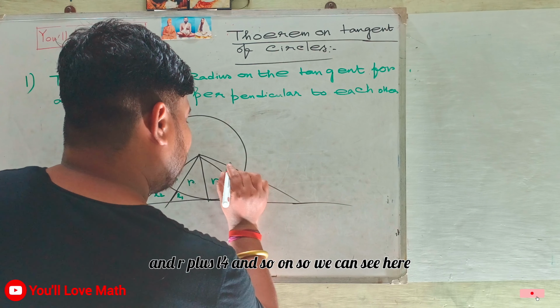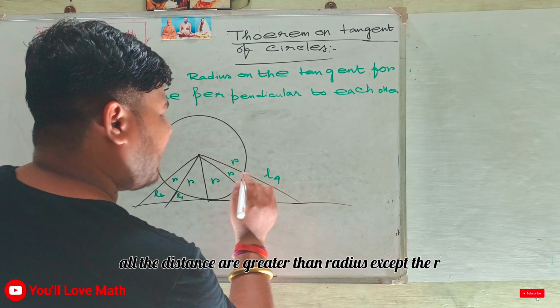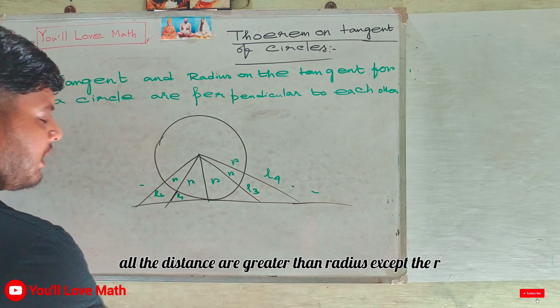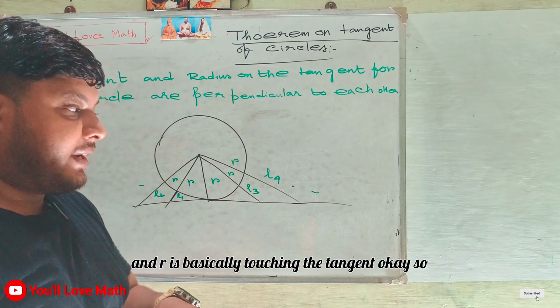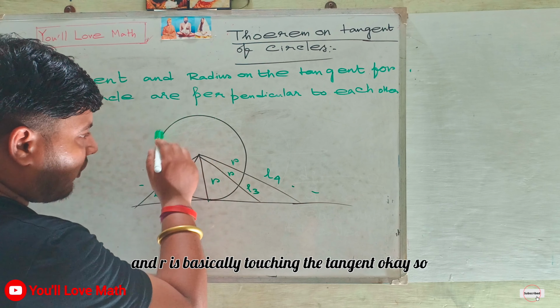We can see all the distances are greater than the radius except r itself, which is touching the tangent.